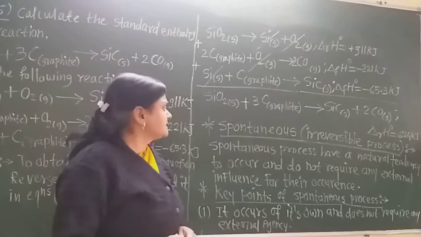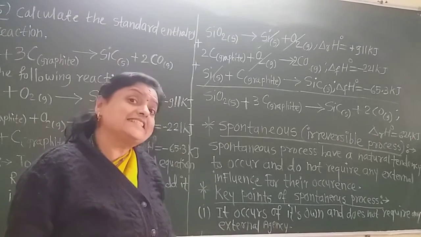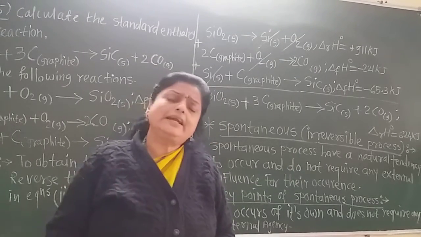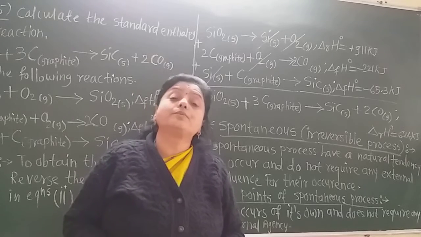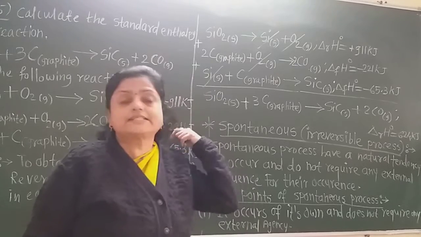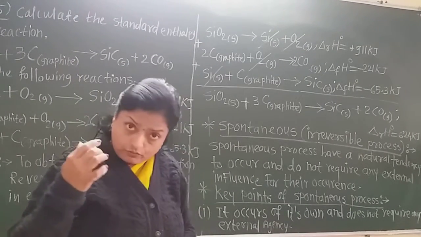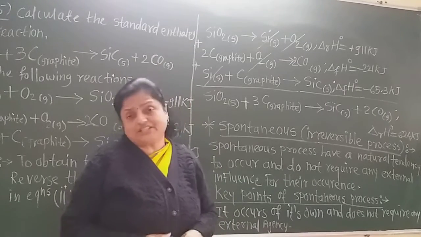Now students, let us learn about the spontaneous process. The spontaneous process is also called the irreversible process. We already learned about the reversible process, how the maximum work is obtained in the reversible process. But now we have to get more information about the irreversible process.